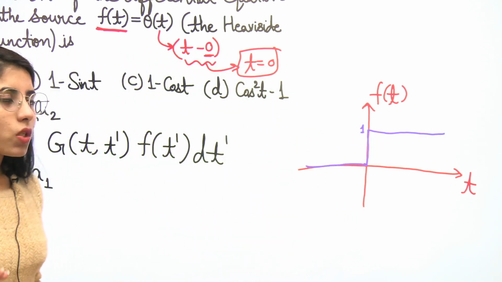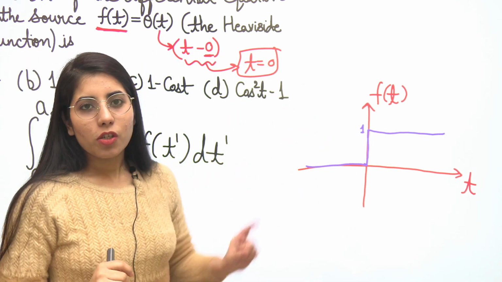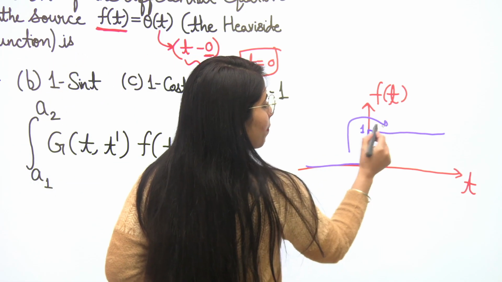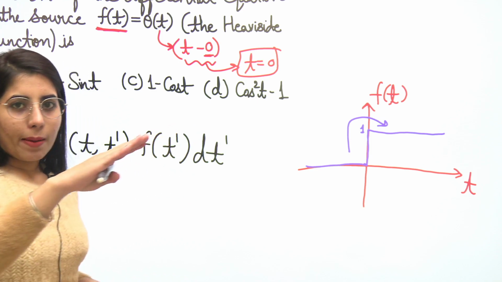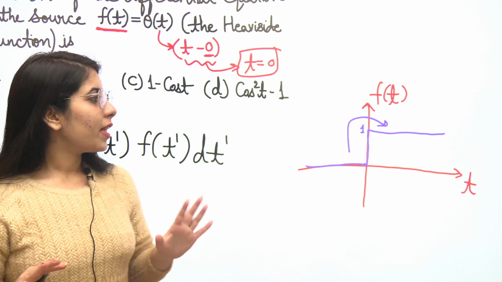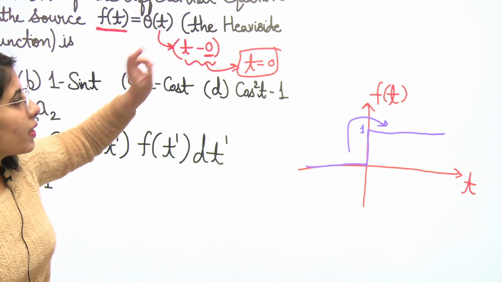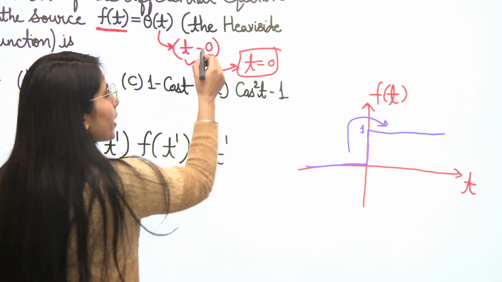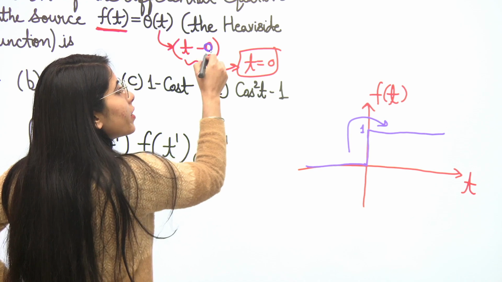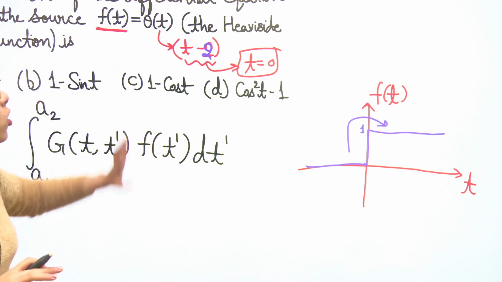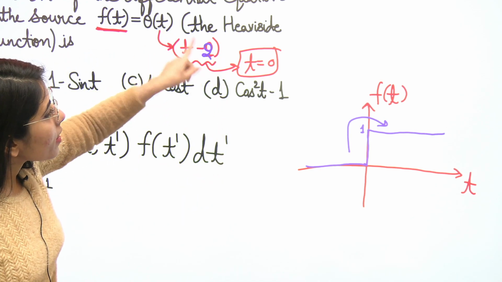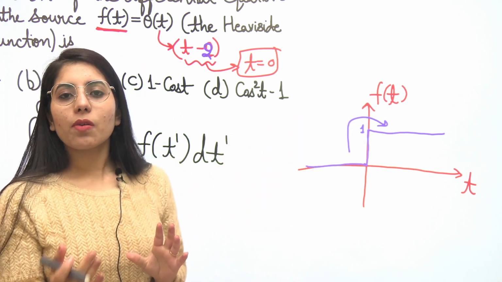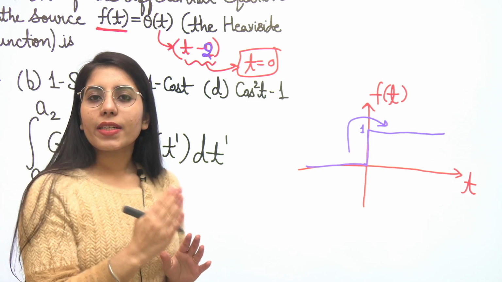Clear? And that's why we are calling it a step function. A step function means what? Here you have taken just one single step like this and it will remain the same. There will be no other step. Clear? Otherwise, if you had, let's say here, something like 2 written, you will say from t is equal to 2, this step will be taken and the function's value will become 1 completely at t is equal to 2.